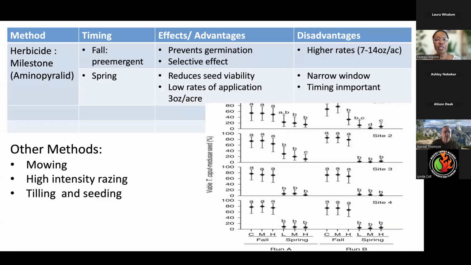And here I'm just showing you another experiment that we recently did, where we were looking at timing of application of Milestone, which is an herbicide. Initially, when Medusahead started occurring here in California, people found out that applying Milestone in fall as a pre-emergent actually prevented Medusahead from establishing in those areas.